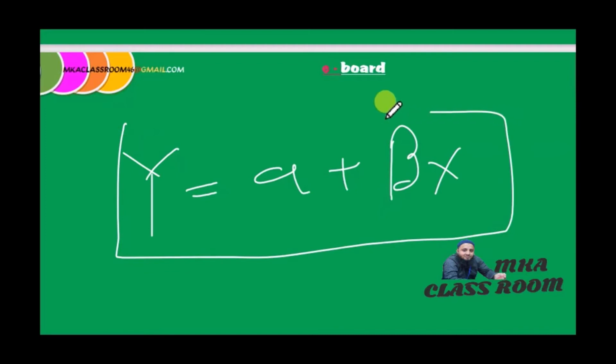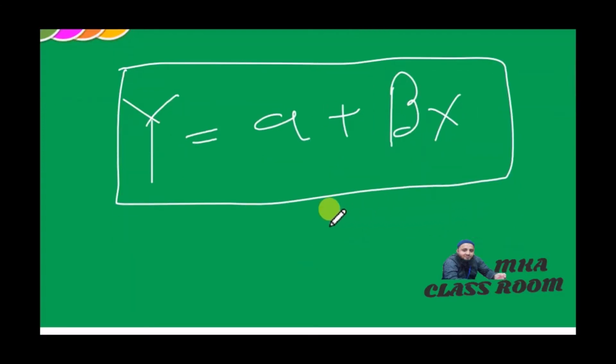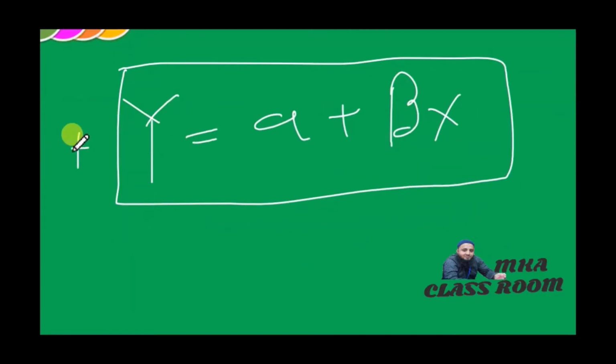That is the basic regression equation. Y equal to a, alpha, plus beta x.